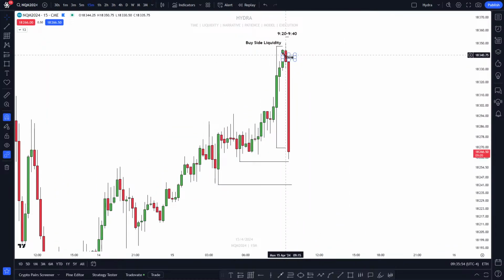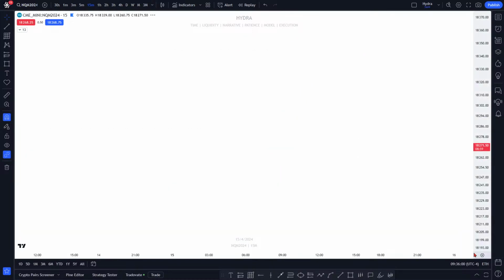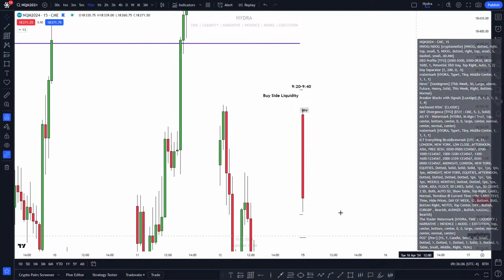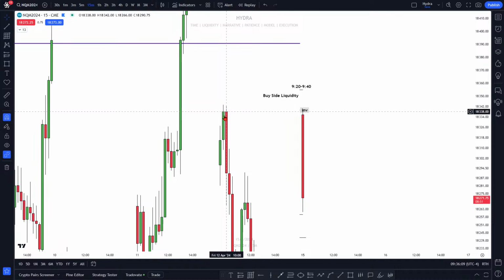There's another logic for why we reversed from here. We basically touched the regular trading hour gap from last week up here. So very beautiful that we rejected from this point.